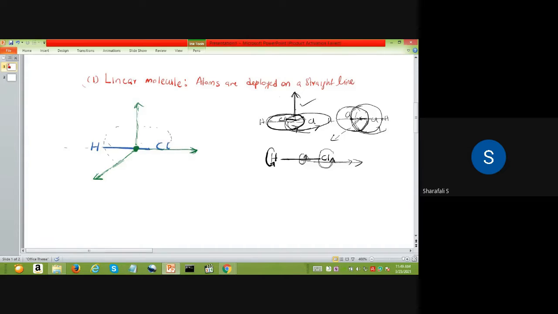You can see the same scenario from here. Whatever distance this chlorine has from this axis will be the same as for the other axis. So if you consider the separation of this chlorine and this hydrogen from this axis, that is this distance.